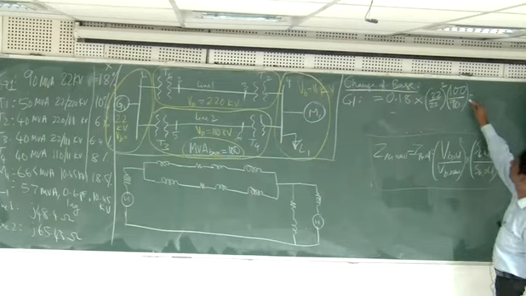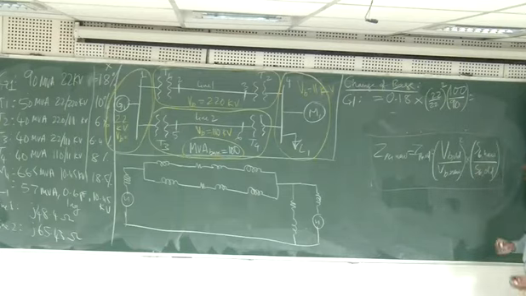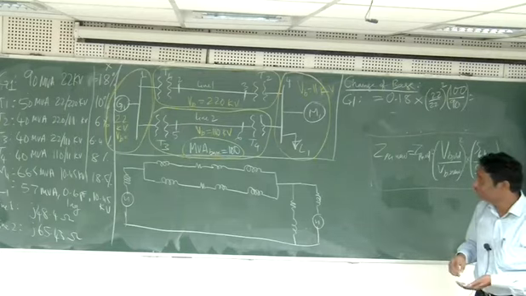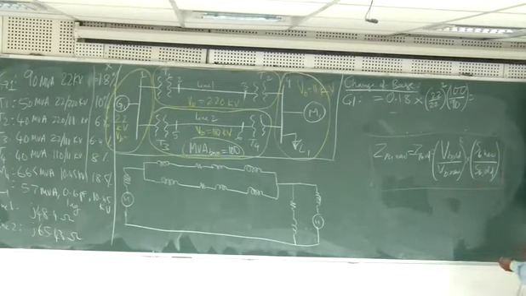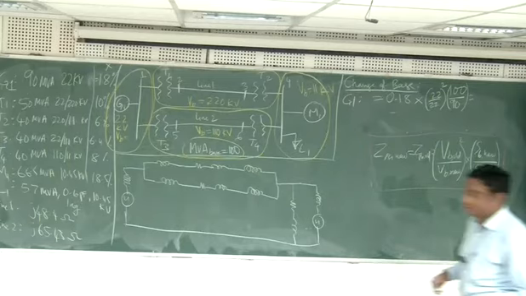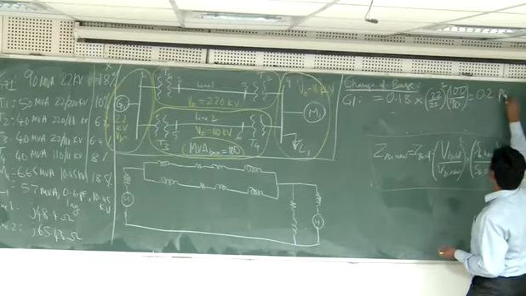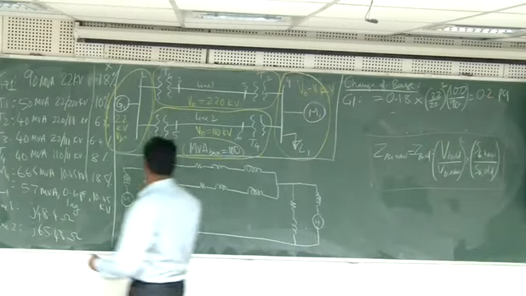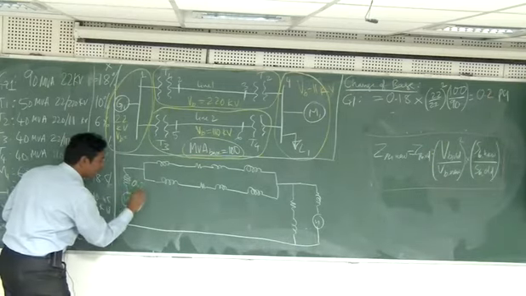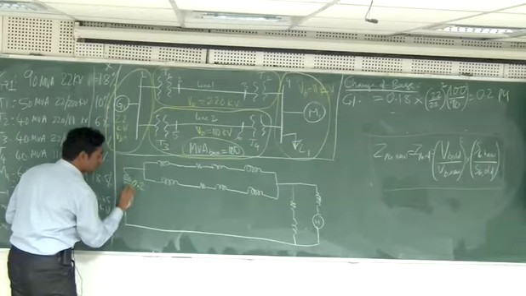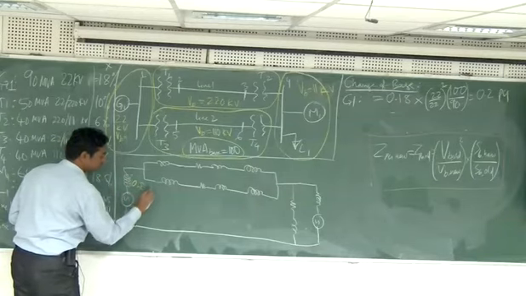How much is that? Can someone quickly calculate? We got the answer 0.2 for this. So I'll write j0.2 per unit here.